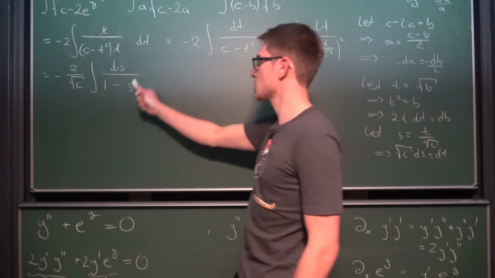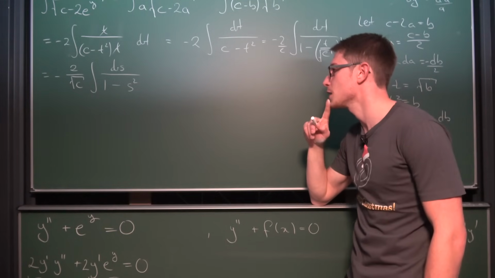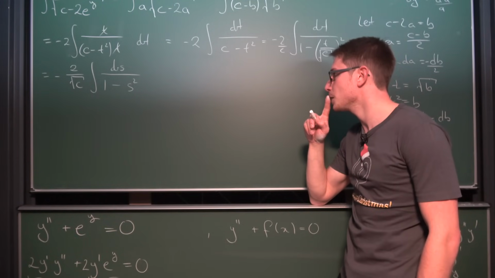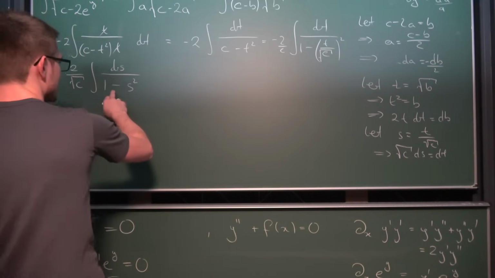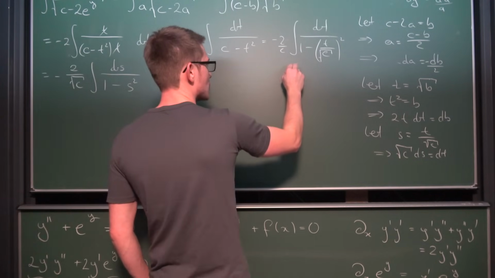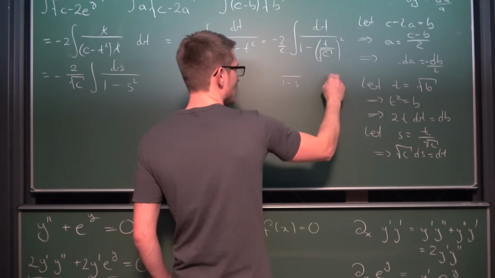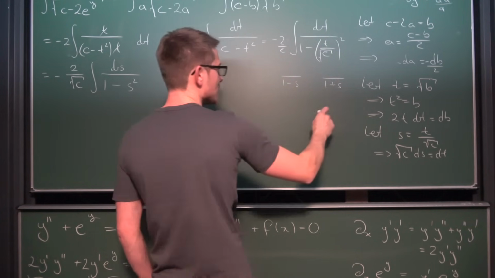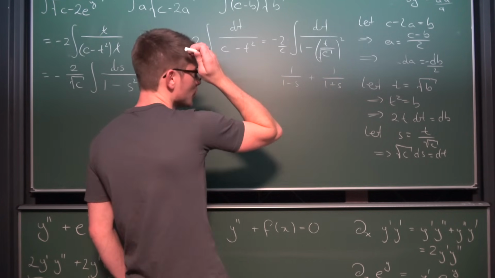that this integral results probably, I could do partial fractions, I suppose. Then we would get something like logarithms for partial fractions. So this right here is 1 minus s times 1 plus s. So we get something over 1 minus s, something over 1 plus s. So we get a 1. Does this work?